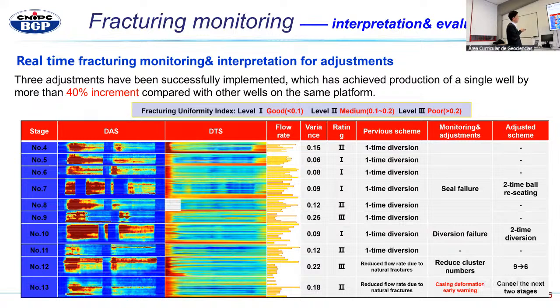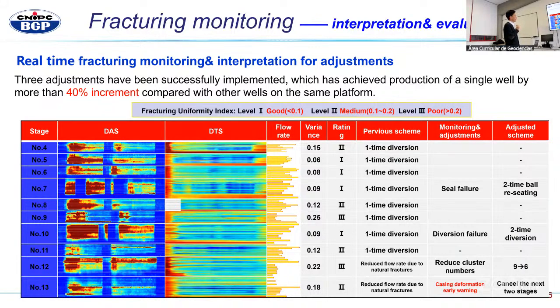As you can see here, we use one parameter called the fracture uniform index. If you have several perforations, we want every perforation to be open and every one to have the same value.